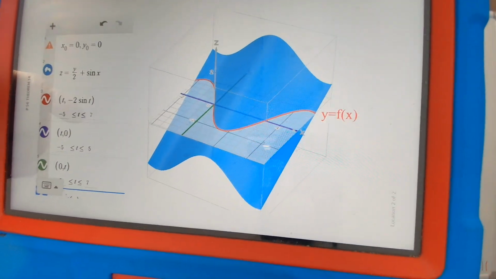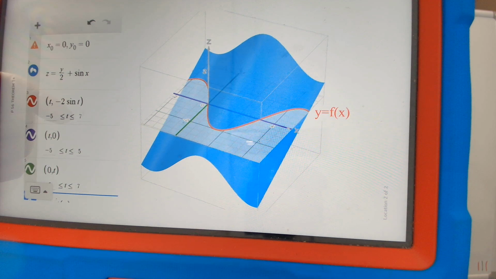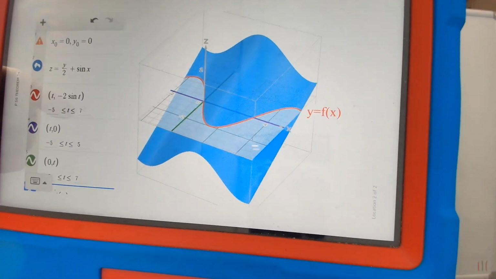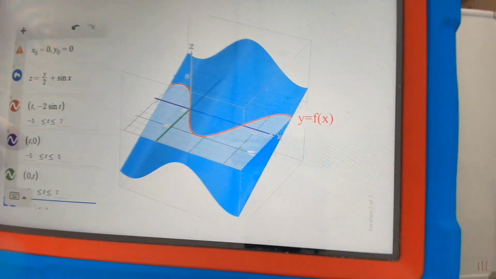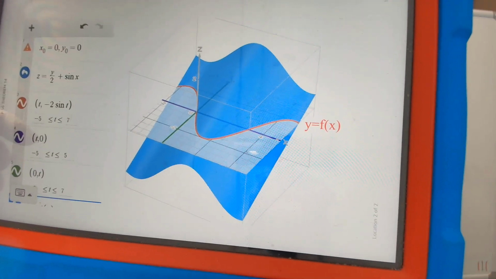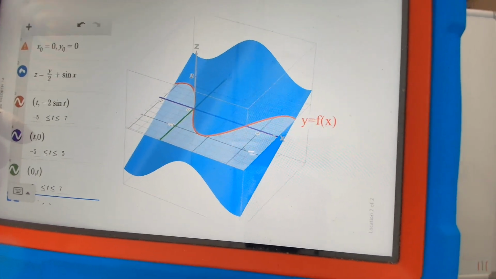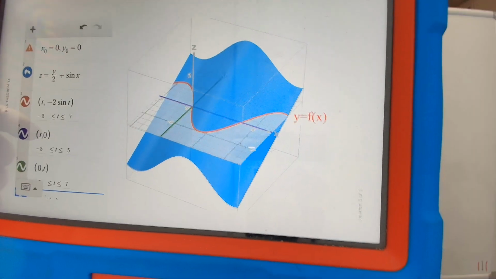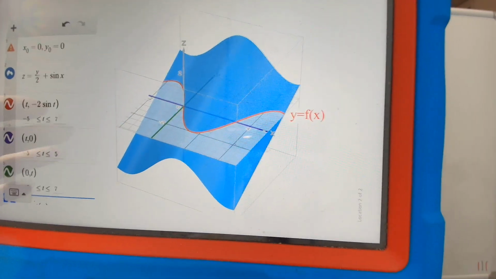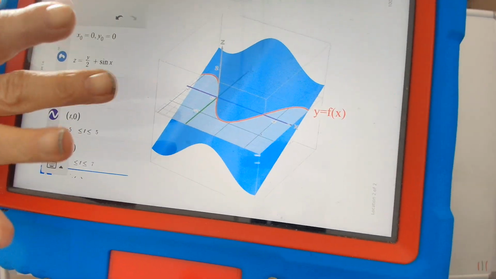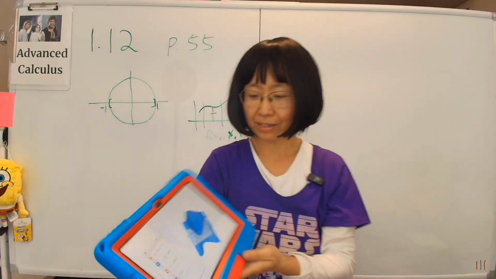But as you can see, in this tiny little area, the function rises from negative, below the x-axis, to positive. And then it does whatever, okay? But we're only focusing on a very small area, the neighborhood of x0, y0, where you can see how the function goes up.